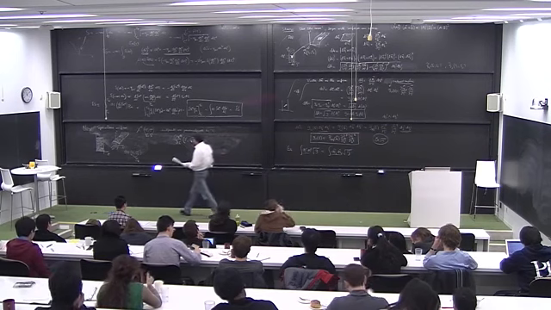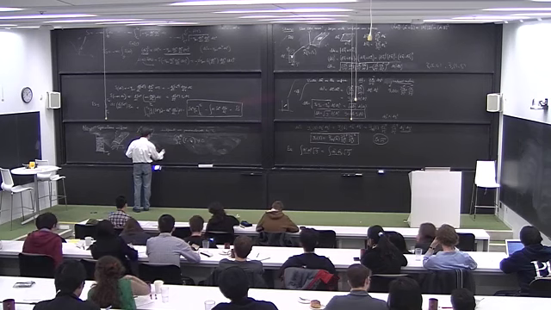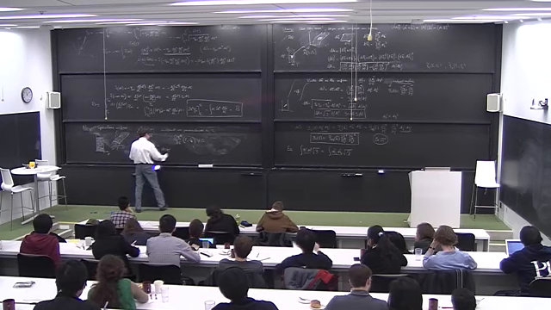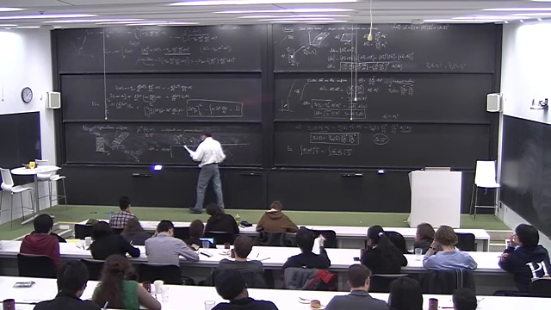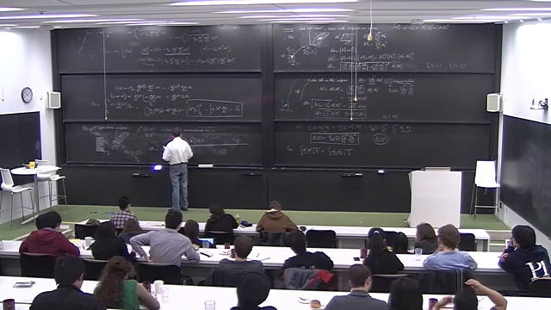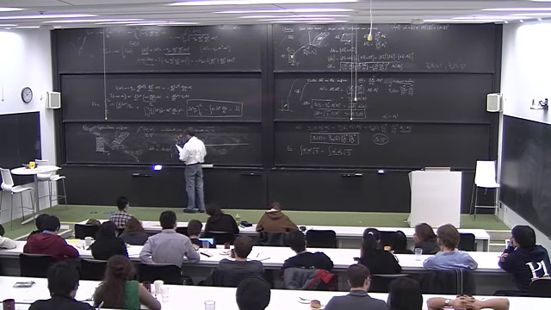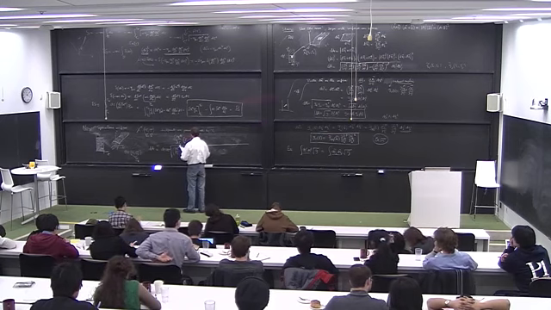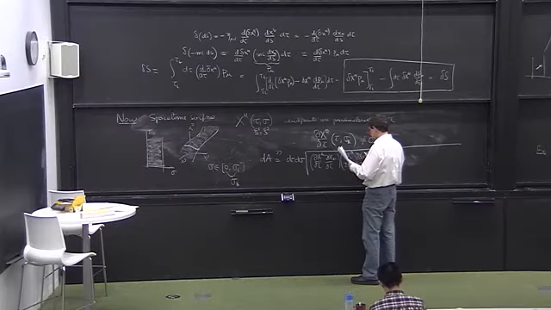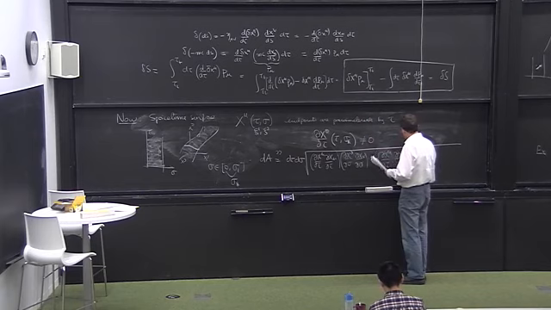So we could try to say the following. The area is equal to the integral of d tau d sigma, these are the 2 parameters, and the square root of (dx^mu/d tau dx^mu/d tau)(dx^nu/d sigma dx^nu/d sigma) minus (dx^mu/d tau dx^mu/d sigma) squared.